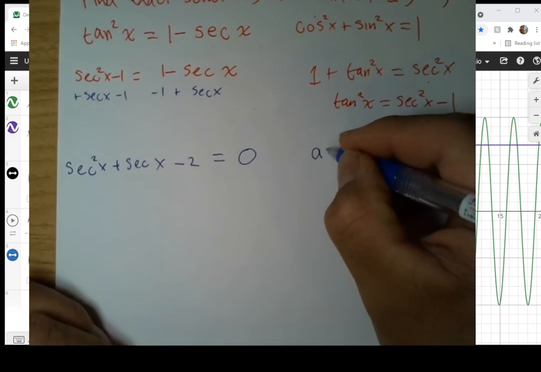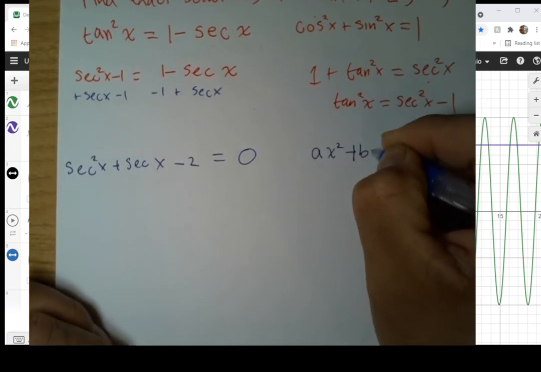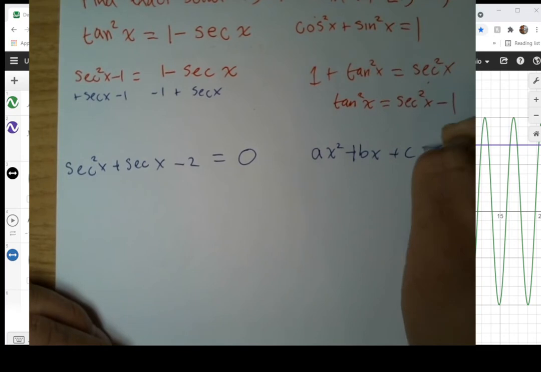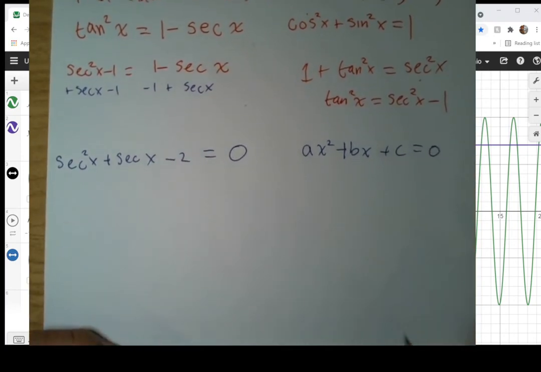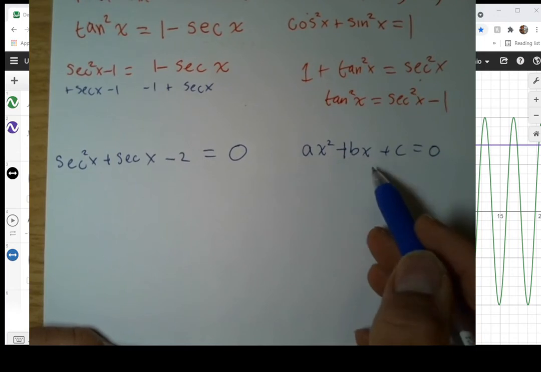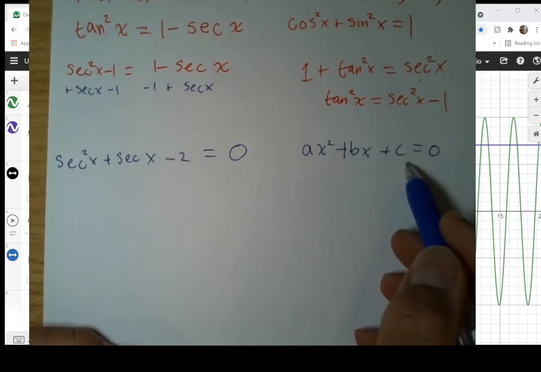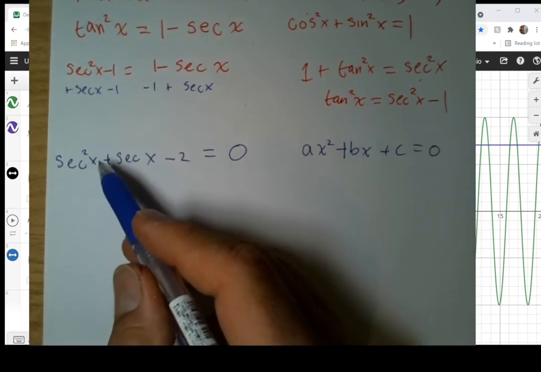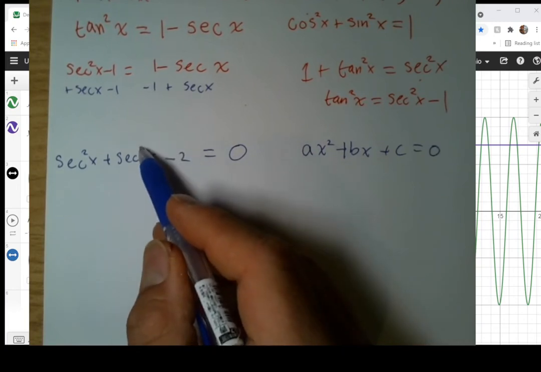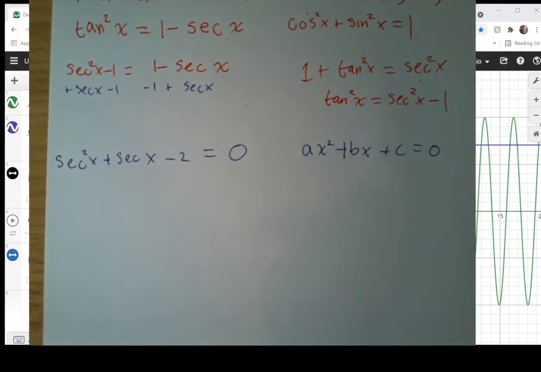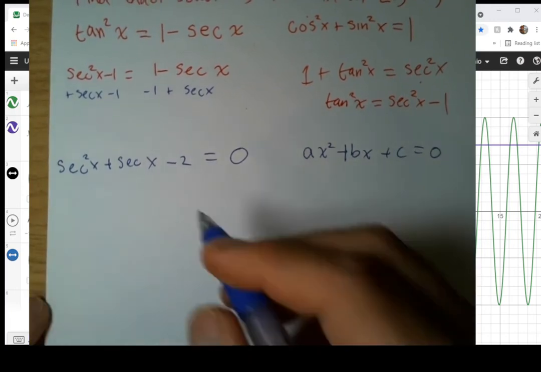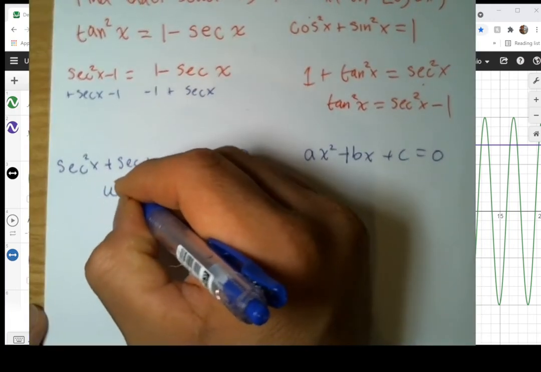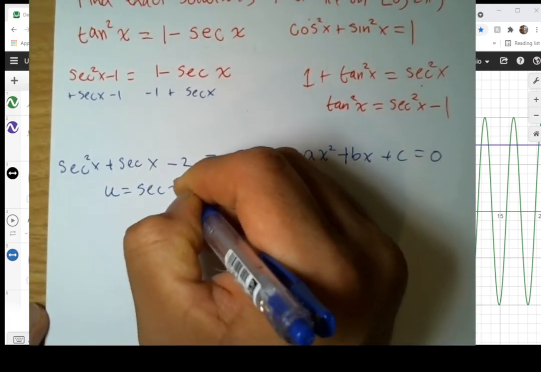If we recall, our quadratic equation looks something like this, where we have a squared term, the linear term in x, and then a constant. Well, we have that here. We have a squared secant, a linear term of secant, in other words, to the first power, and then a constant. I can also use a u substitution.